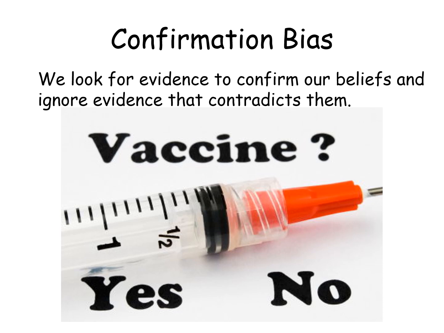You're going to be seeing this now with the coronavirus running rampant in the world. People will look for evidence that confirms what they believe and ignore evidence that contradicts it.